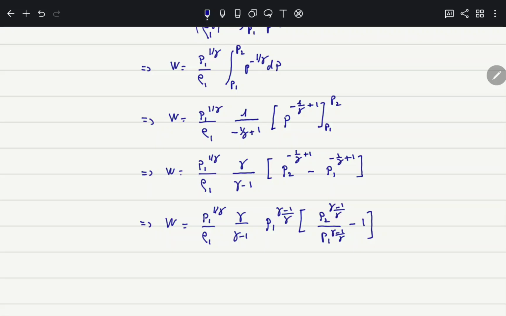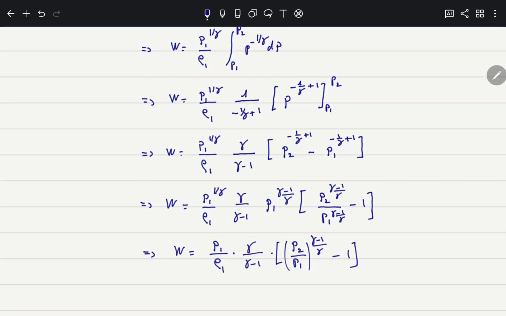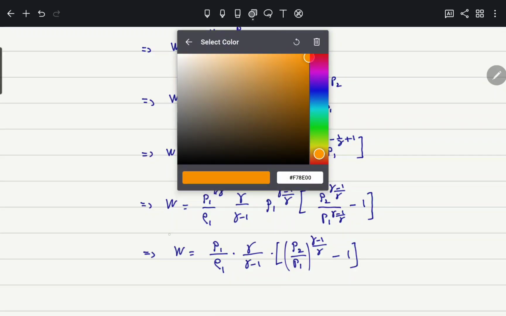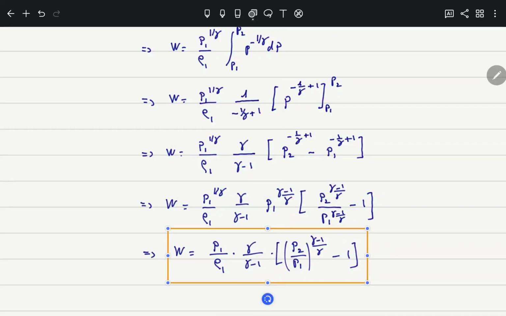So basically the powers disappear, giving us W equals P1 over rho 1 times gamma over gamma minus 1, times P2 over P1 to the power of gamma minus 1 over gamma, minus 1. And that is the expression that we were looking for, the work of compression in the case of an adiabatic compression.